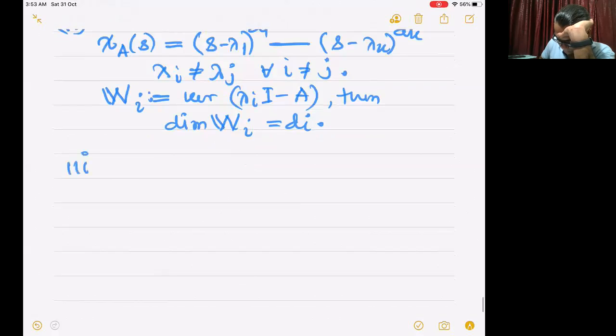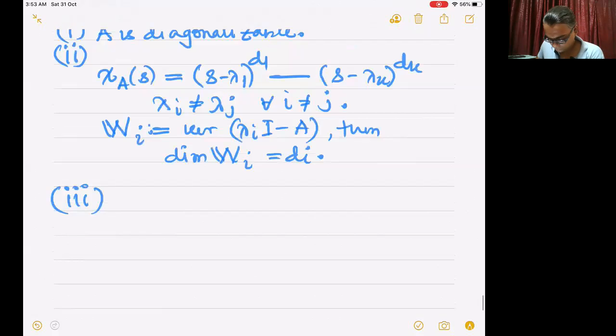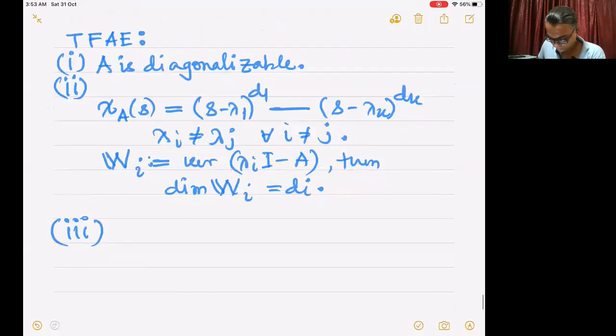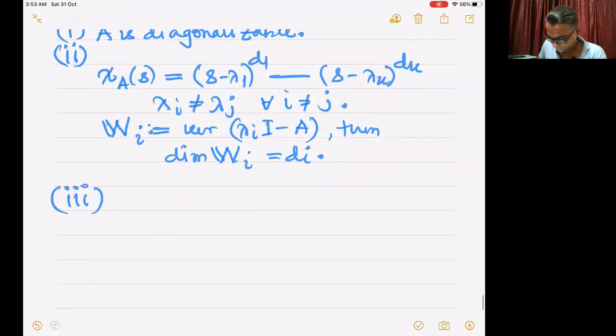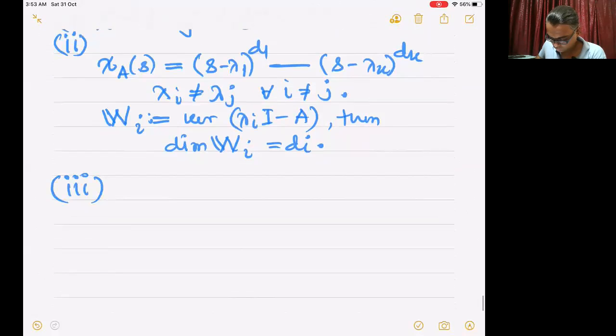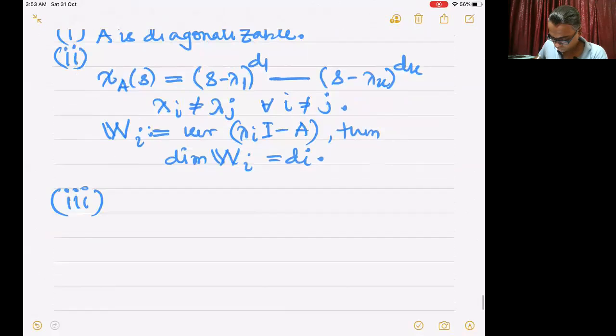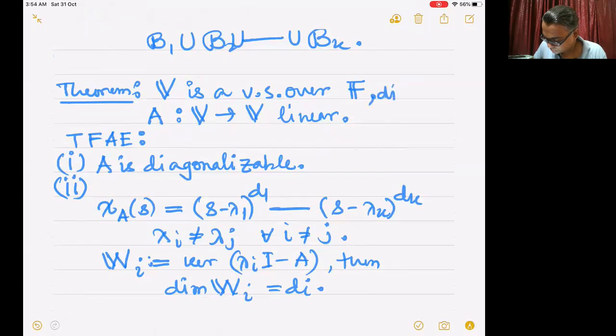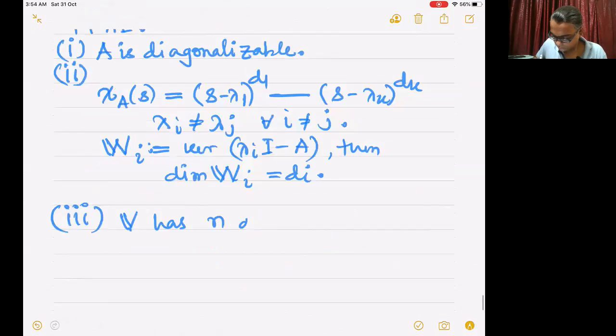Number three statement is: the dimension of V equals n, less than infinity, so it's finite dimensional.